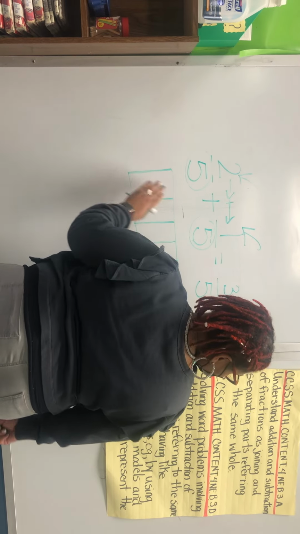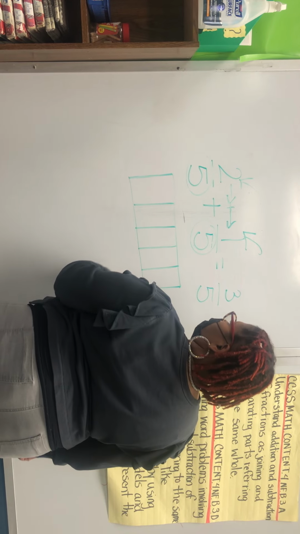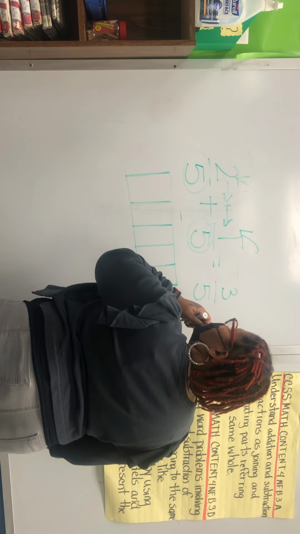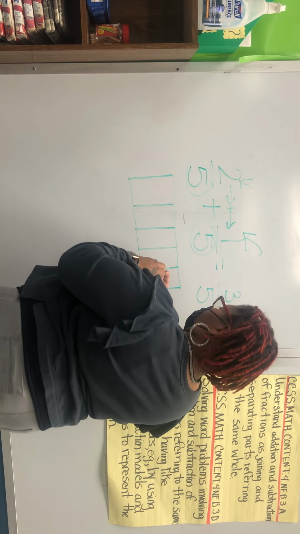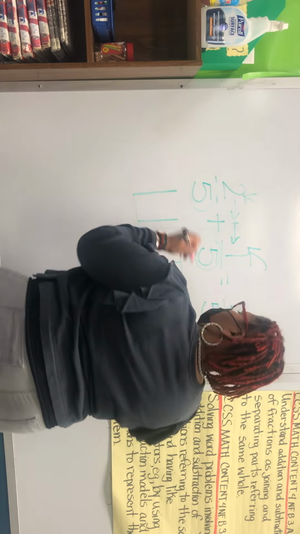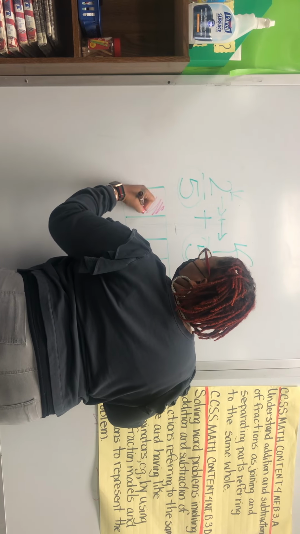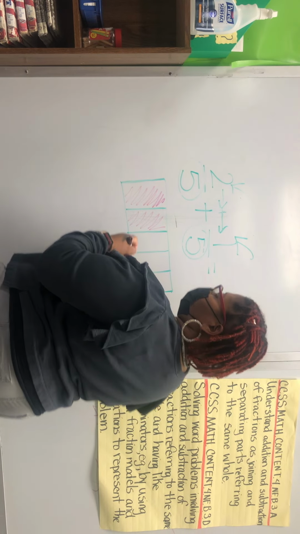The denominator represents the pieces that you're gonna use. The shaded part that you're gonna use, one of them would have been 2. So if you shade that in, that would be 2, right?